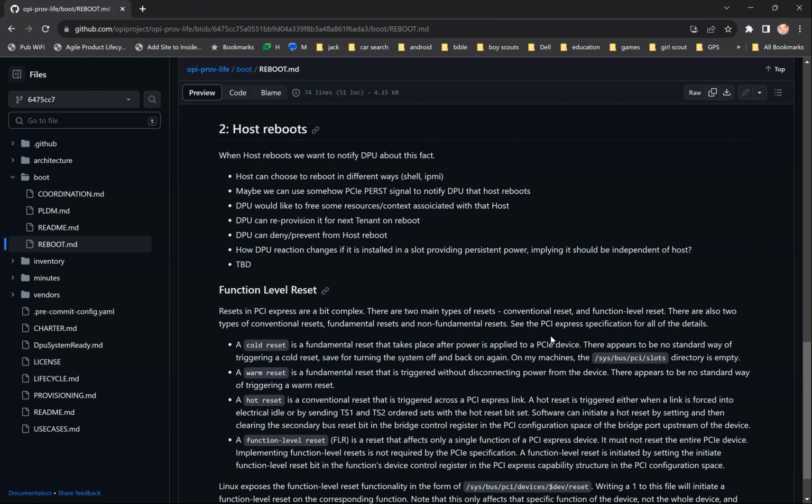What about a high availability situation where you have multiple? Can you elaborate on that or repeat that? The high availability you said?